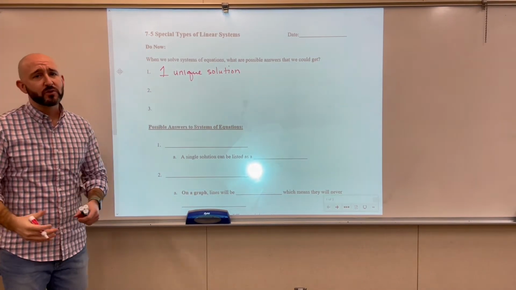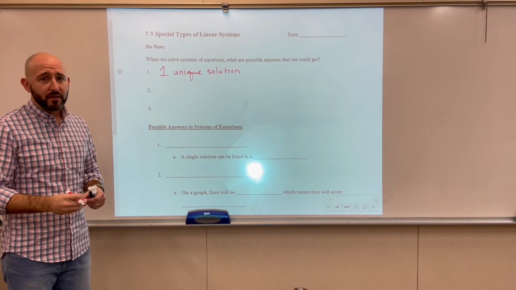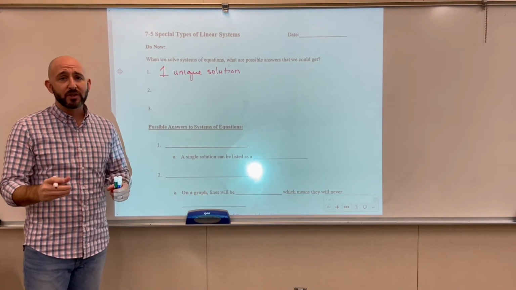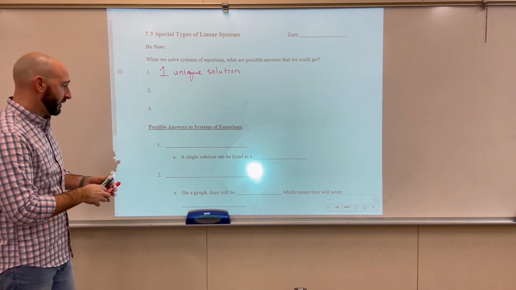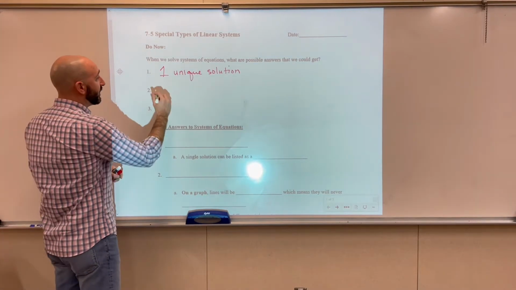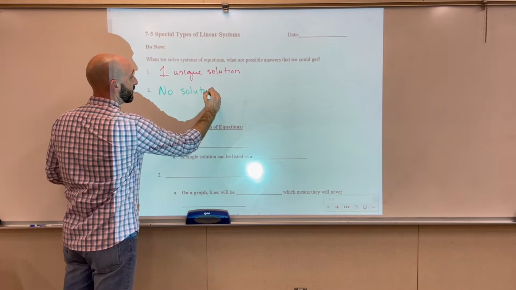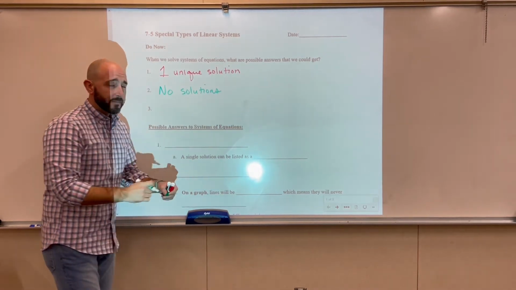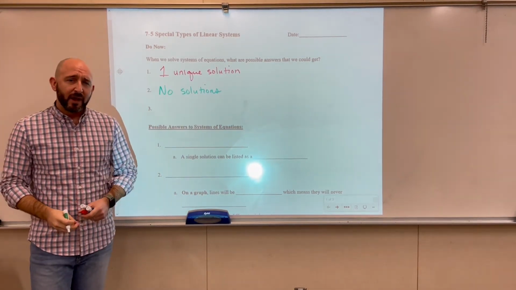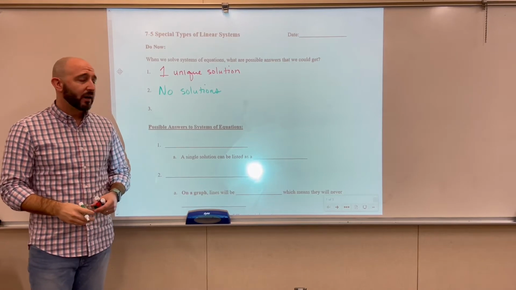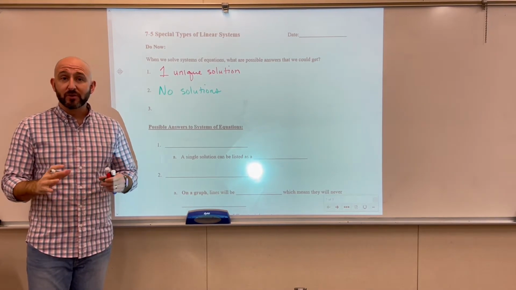One unique solution would mean one ordered pair that is a solution to both of the equations in the system. The second one would be no solutions. We've discussed this in the past, but we'll review this again when a system of equations will have no solutions.